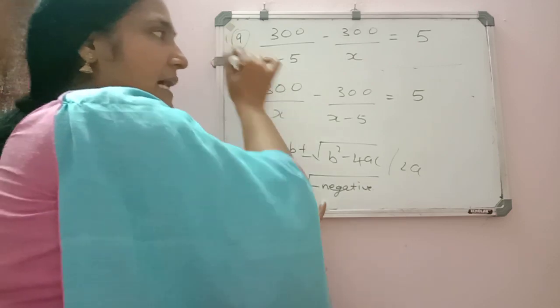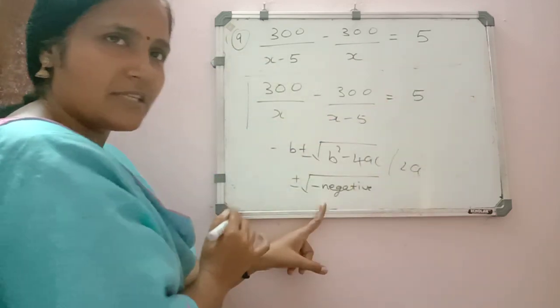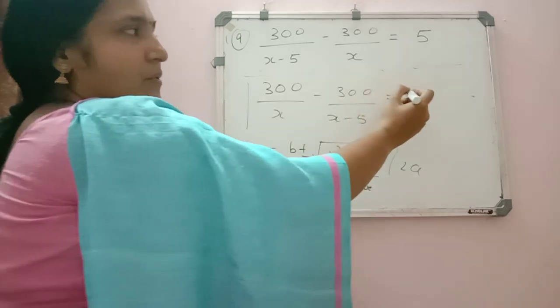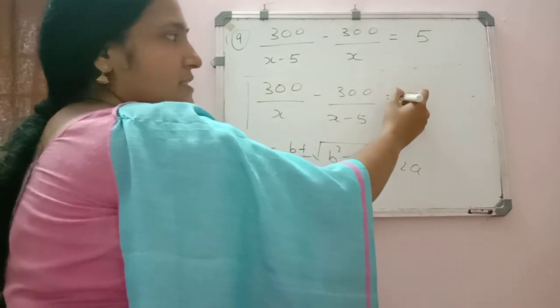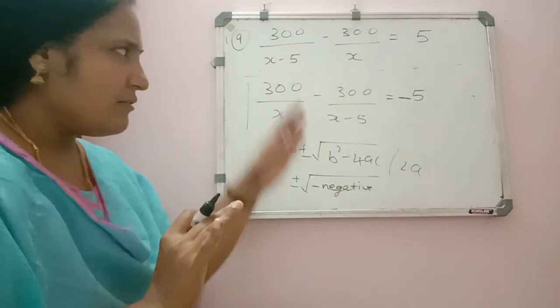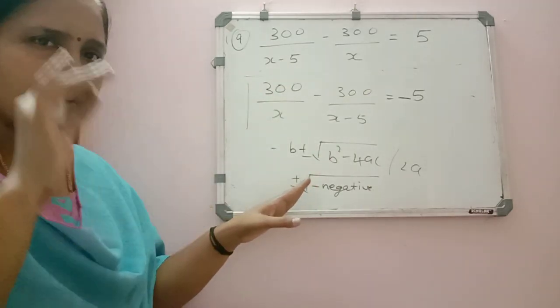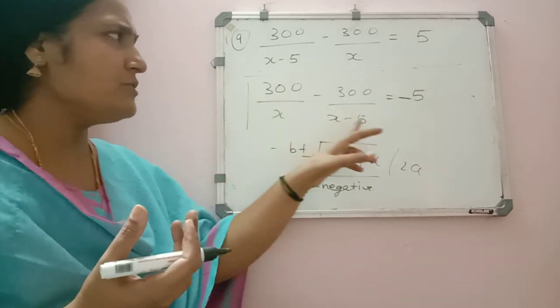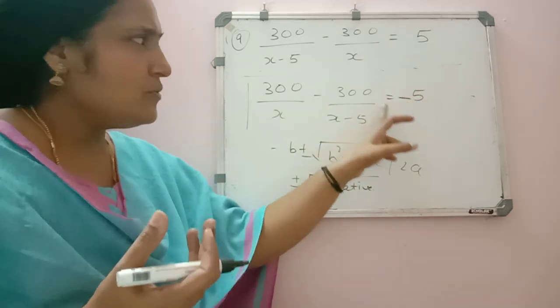So instead of cutting down the whole solution, just do one thing. Where you wrote this 5, just make it equal to minus 5. It happens in the examination when you are in tension, sometimes you might make this mistake.